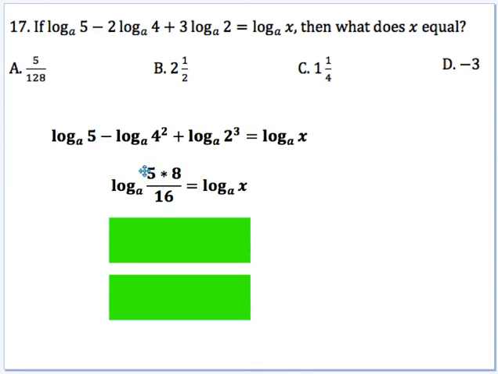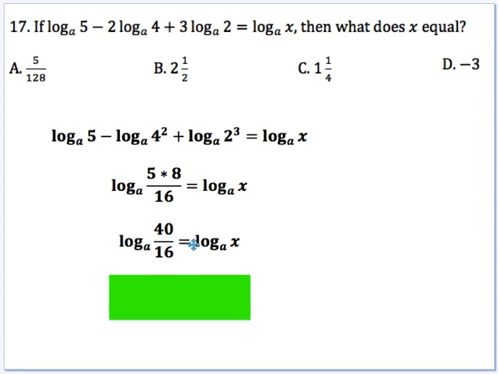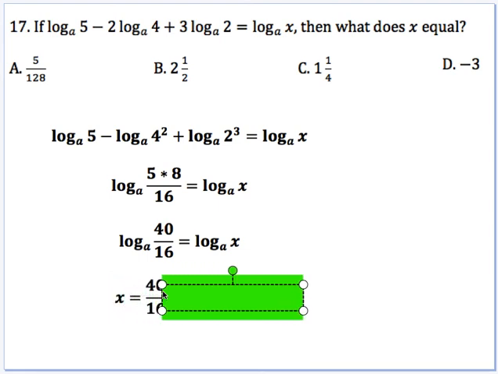So the 5 is from here, and the 2 times 2 times 2, or 2 cubed, is going to become 8. So I have this. So what that tells me is, because I have a log a and a log a on both sides, and x, it tells me that 5 times 8 divided by 16 equals x, and that's going to equal your x.